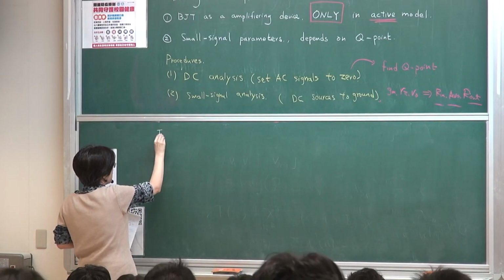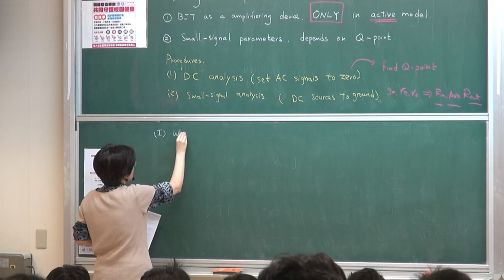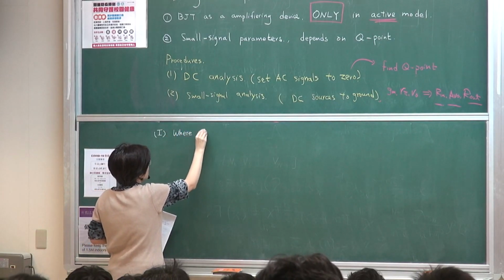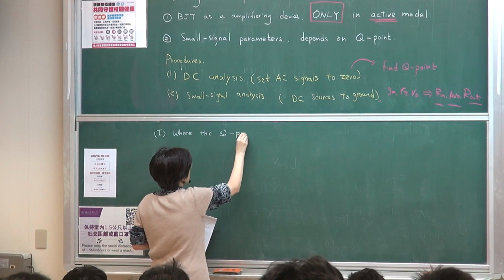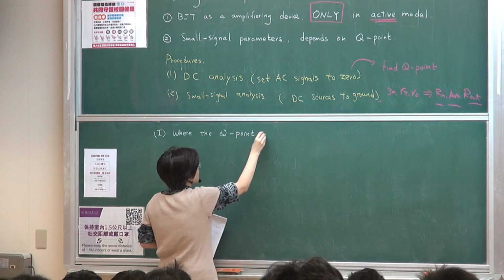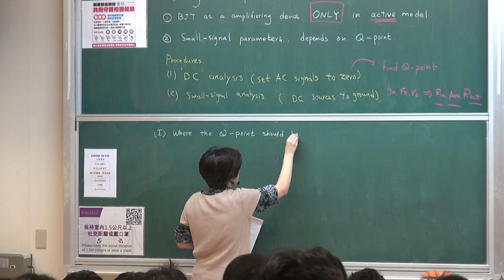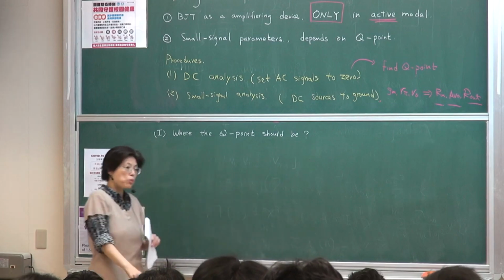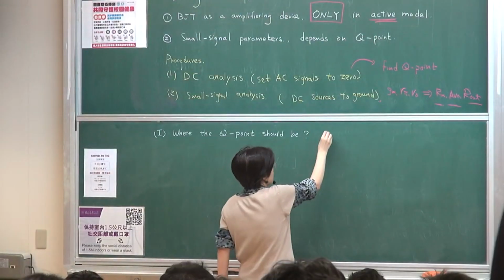The first procedure is where the Q point should be. First of all, you determine where it should be. So how do you do that? You do a survey. What's the survey? It's a large signal analysis.